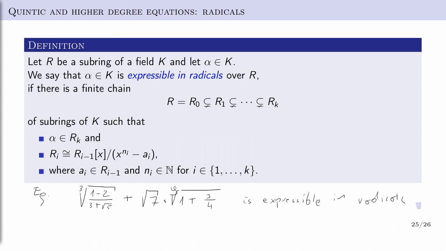So if we can write something like this, with finitely many operations, plus, minus, times, divide, and computing the root of degree n, then it means it is expressible in radicals.